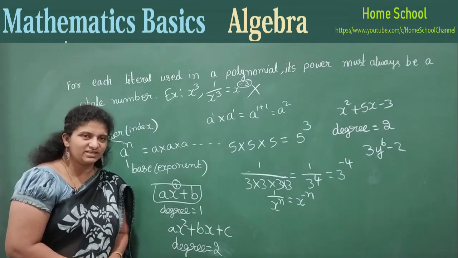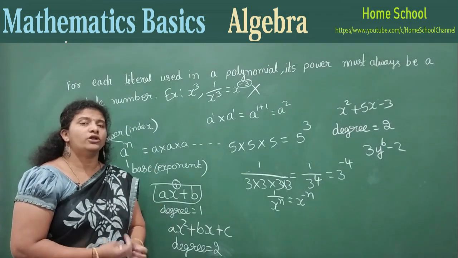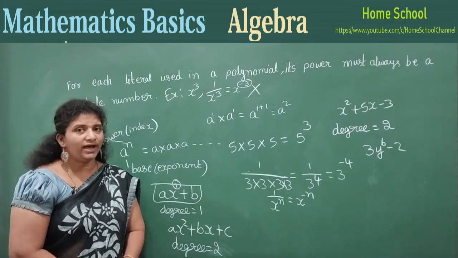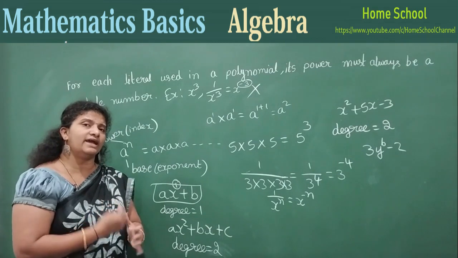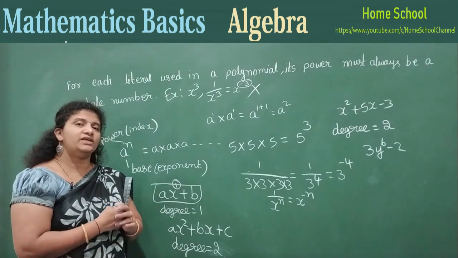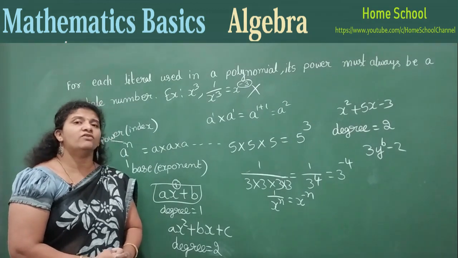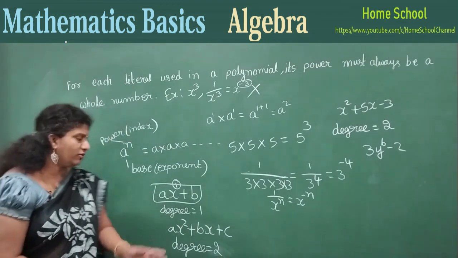Once again, children, all these are the polynomials we have discussed. A polynomial's power can never be an integer or a negative value. And the polynomial's highest power we call the degree. If the degree is 1, we call it a linear polynomial. If the degree of an equation is 2, then we call it a quadratic polynomial.